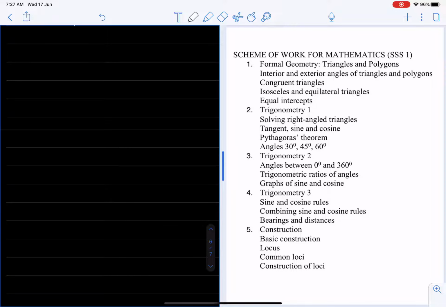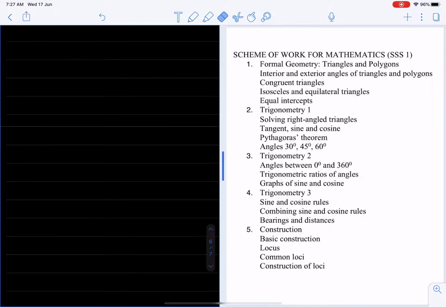Now here, today is 17. And we're continuing with triangles and polygons. We're actually still on interior and exterior angles of triangles and polygons.